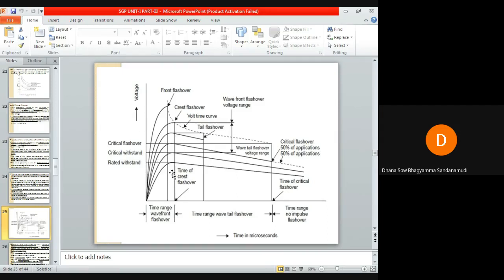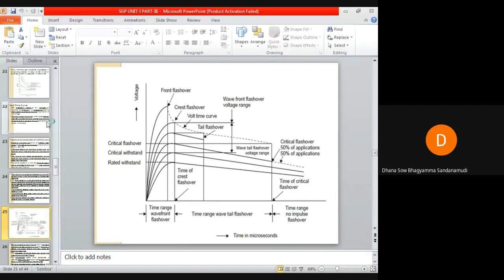Since I am applying overvoltage to break down the insulation, I can manually vary the voltage levels. So I will get different impulse waveforms of different peak values.